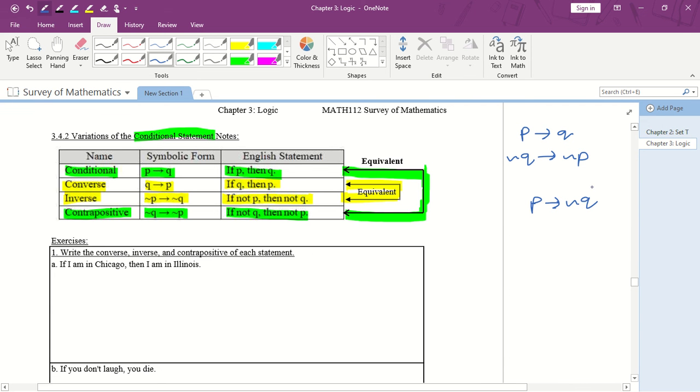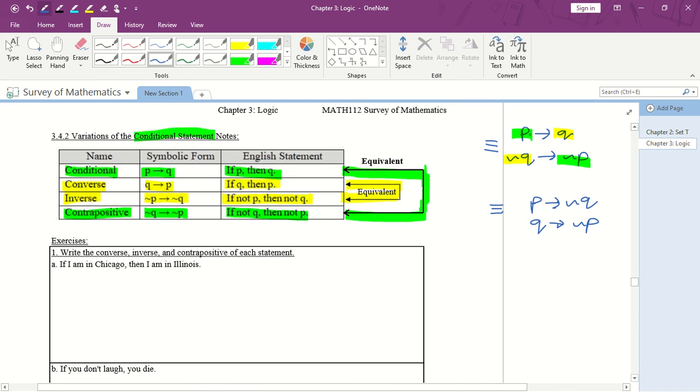Remember, we put negation in front, but if you look here, Q, negation Q, and here P, negation P, and they change places. So in this case, negation Q will become Q, and P will be negation P, and that is the equivalent. Okay, you get the idea how it becomes equivalent.